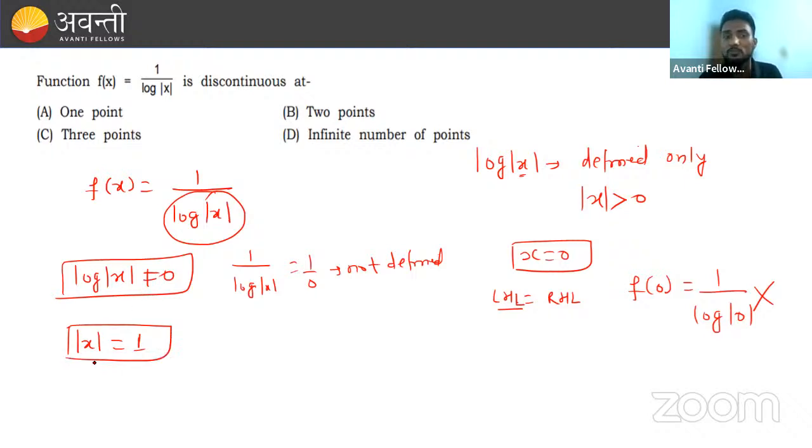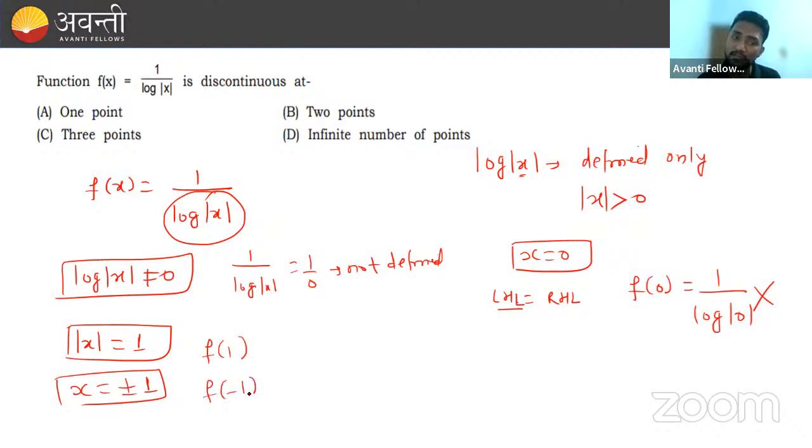So from here we will get 2 points, plus minus 1. If we take plus 1, around plus 1 I can find LHL and RHL. But the problem is that if you have to find f of 1, log 1 gives 1 by 0, not defined.